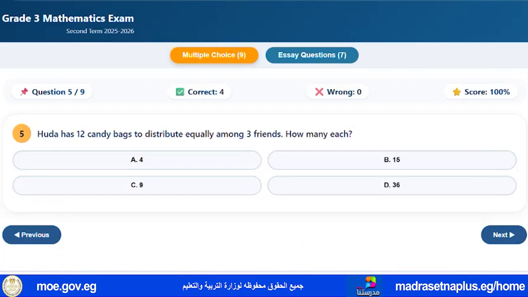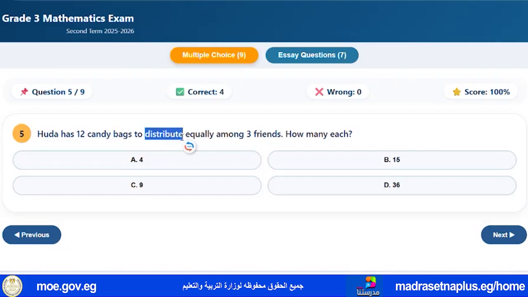Next one, Hoda has 12 candy bags. Hoda wants to distribute them equally among 3 friends. So how many does each get? You want to distribute 12 among 3, that means you want to divide 12 by 3. You should know this word means division.